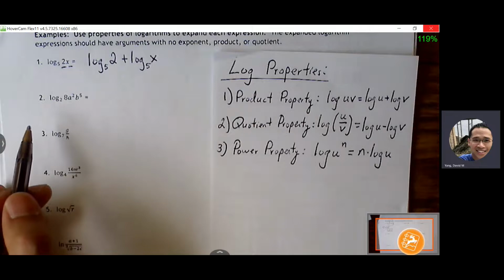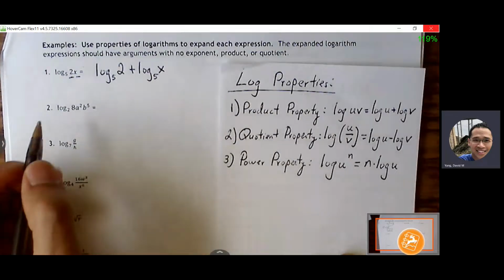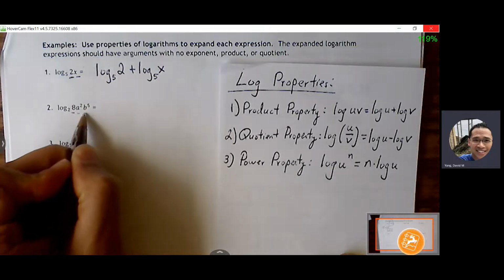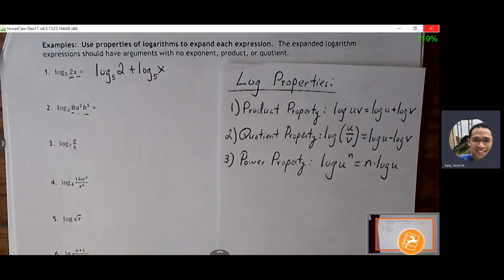Okay, so for number 2, I want us to see that there are 3 terms at play. You got the 8, you got the a squared, and you got the b to the 5th. And we can separate each of them using plus signs.